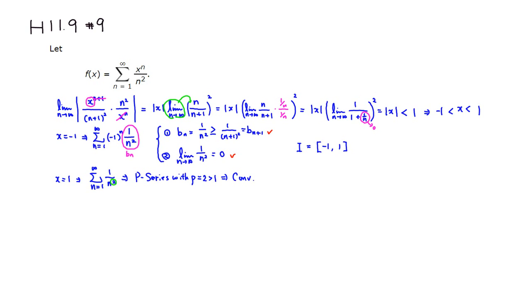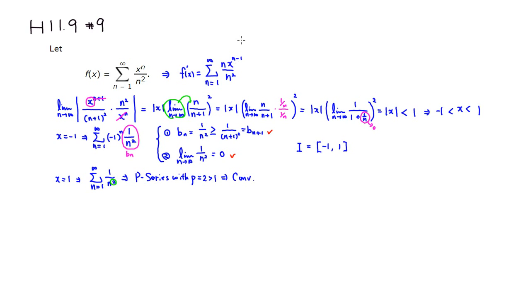So first I'm going to go ahead and take the derivative of f. We're going to get this. So f prime of x is equal to, the summation stays the same, so n goes from 1 to infinity, and the n squared is a constant, so we're going to put the n squared here. The derivative of x to the n is n times x to the n minus 1.